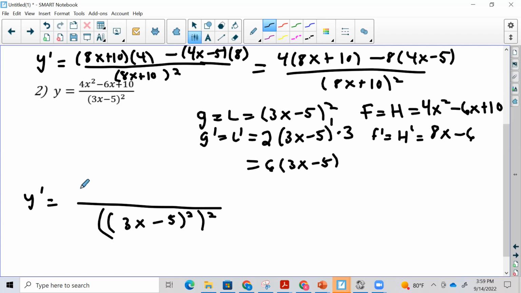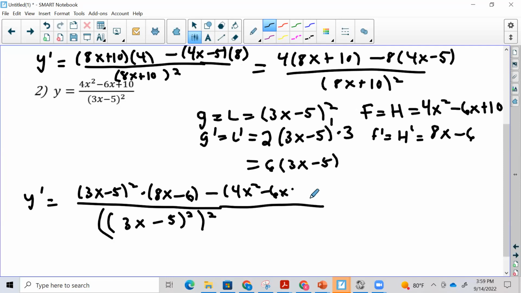Then I'm going to start with the low. So I have 3x minus 5 squared times f prime, or the d high, which is 8x minus 6, minus, and then I have high d low, so that f, which is the high, times the derivative of the bottom, 6 times 3x minus 5.